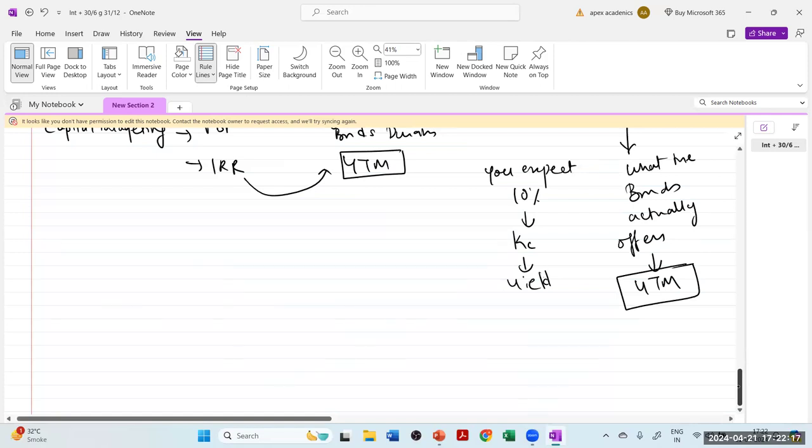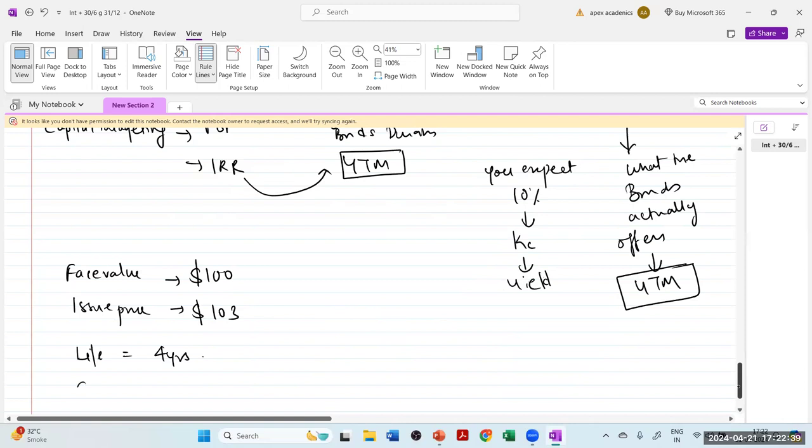Now, for example, a bond has a face value. Say, for example, it's $100. Bond has an issue price. For example, it's $103. The bond has a life. For example, it is 4 years.